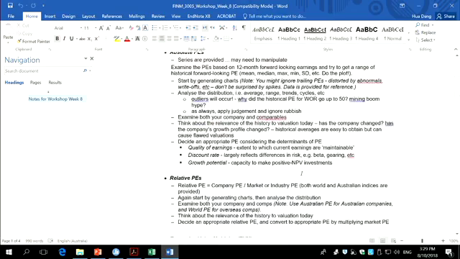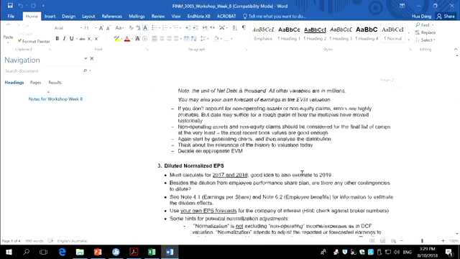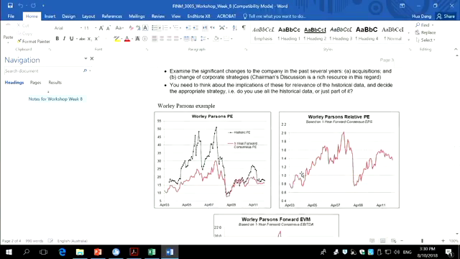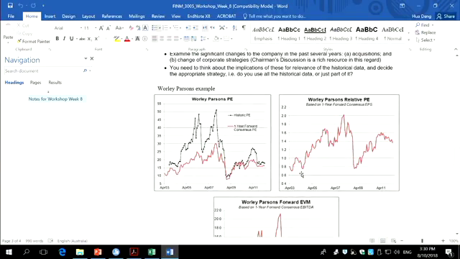Using the data, it's very important that you try to plot the PE ratio based on forward-looking earnings and price-to-book value ratios of your company and comparable firms. Try to look at these changes.